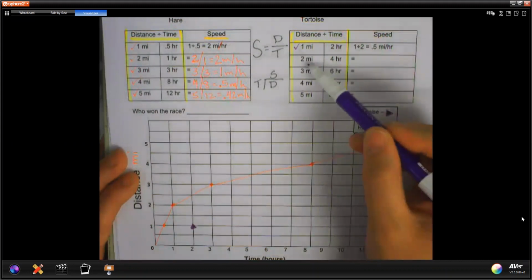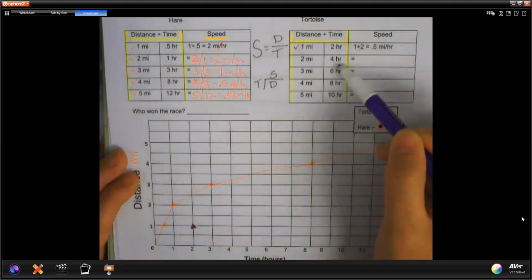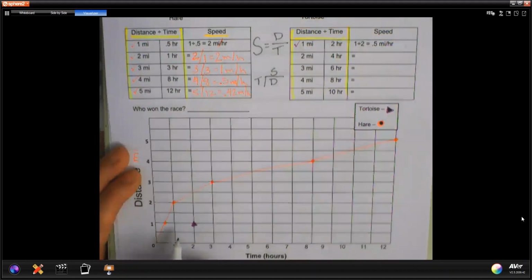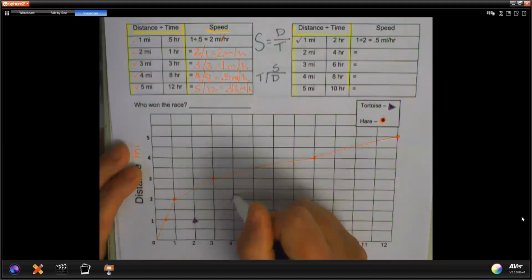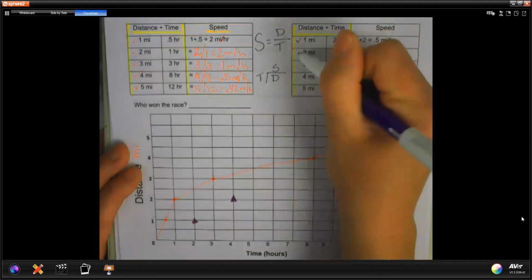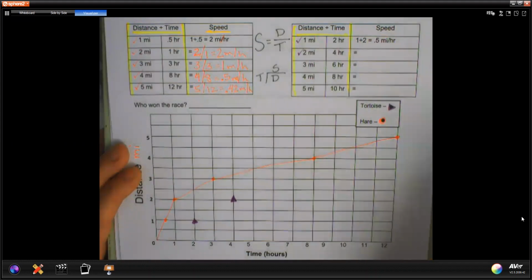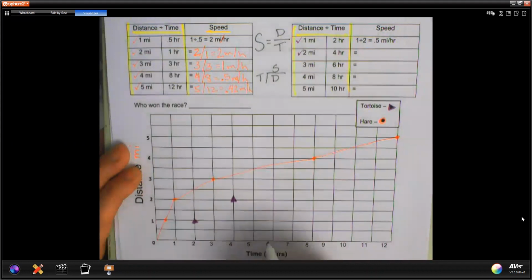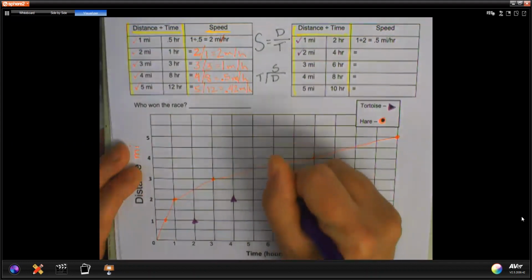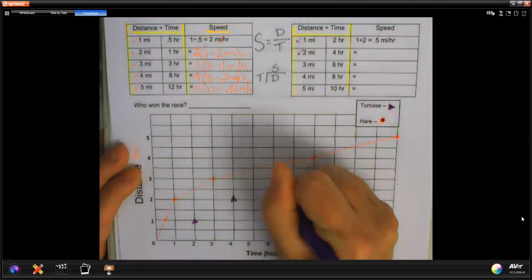Next one, we have 2 miles and 4 hours. So I'm going to go across to 4 hours, up to 2 miles, and draw my next triangle. And then our next one is 3 miles in 6 hours, going across to 6 hours, up to 3 miles.